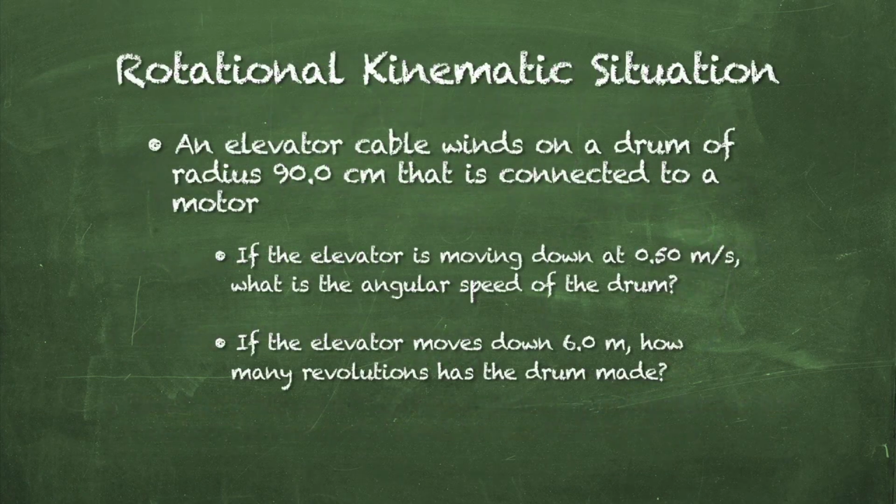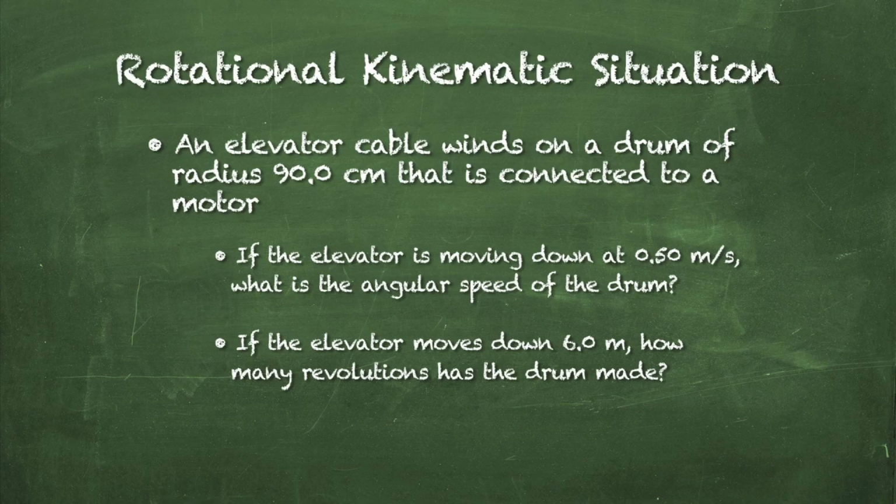An elevator cable winds on a drum of radius 90 centimeters that is connected to a motor. If the elevator is moving down at 0.5 meters per second, what is the angular speed of the drum? If the elevator moves down 6 meters, how many revolutions does the drum make?